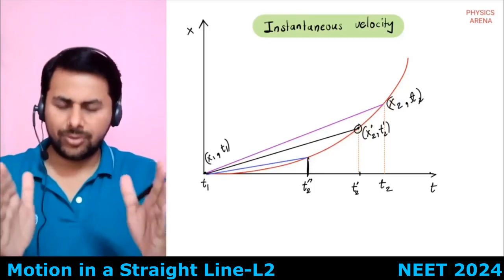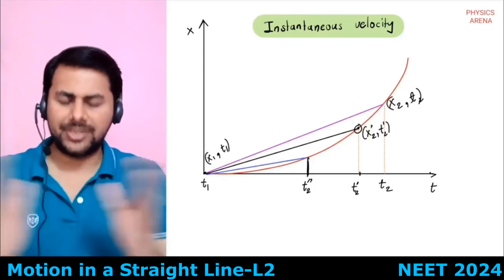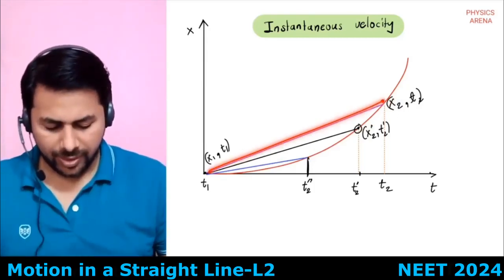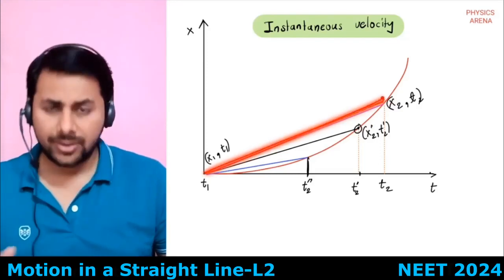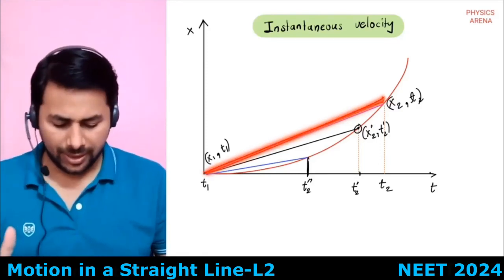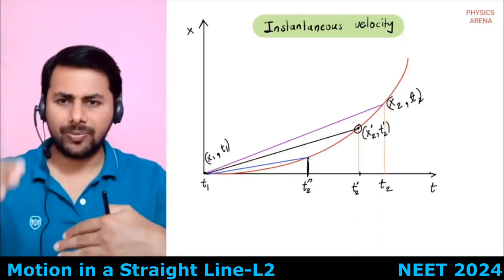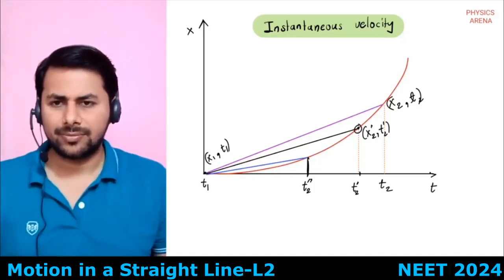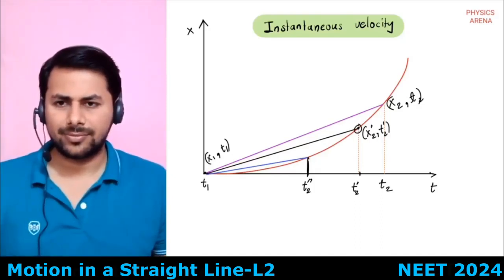So when you take two very distant times, then this line whose slope gives you velocity and this curve, they are very far. Yes or no? Yes, sir.